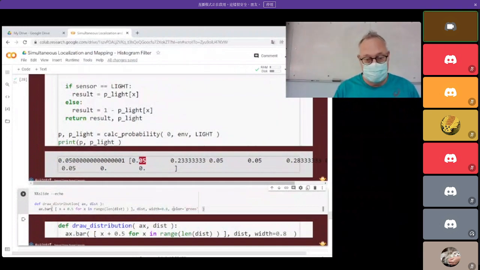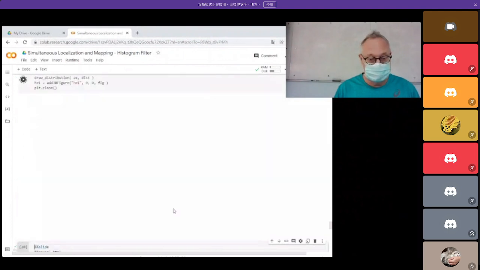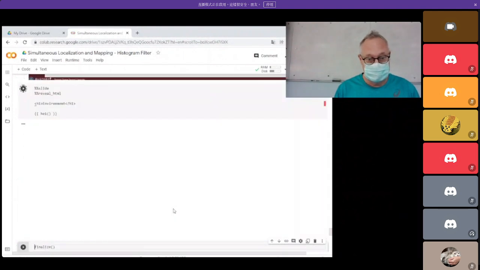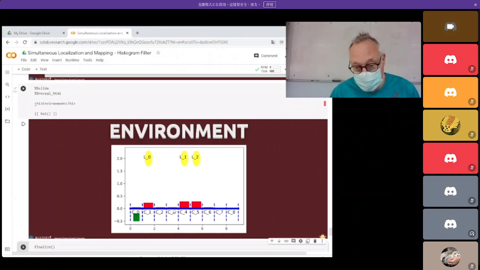Color green, green I use for the robot here. So this is the 0.05 probability. Over here, C7, C8 have a probability of 0 because given the sensor model that we have, it's impossible to get a reading for light at this particular location.